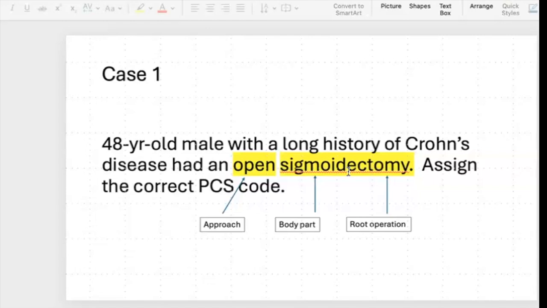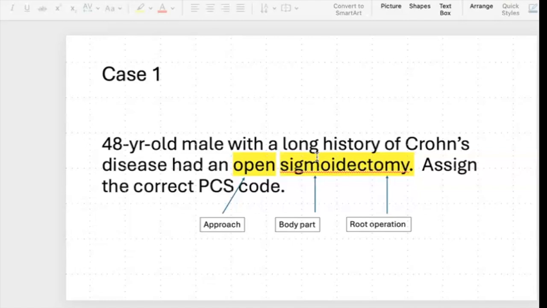Okay, so Sherry says 0DSN. Okay, let me validate that. 0DSN. It is resection. Okay, so it looks like my code here. If you go to resection and then sigmoid, I'm getting a different one. I'm getting a different answer. Anyone?